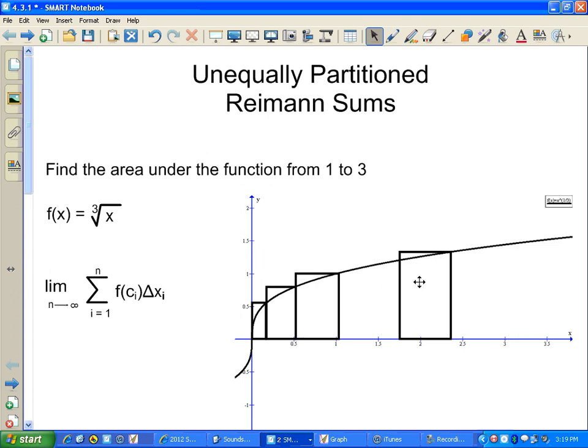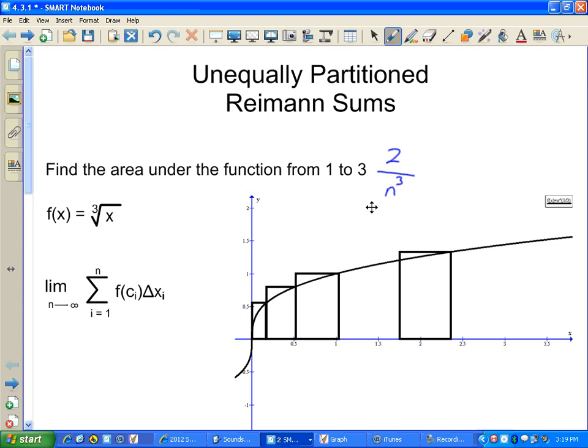So if I want to find the area under the curve from 1 to 3, that's a total distance of 2. So instead of dividing 2 by n, I'm going to divide it by n cubed. The reason I'm going to use n cubed is because I'm going to have to take the cube root.